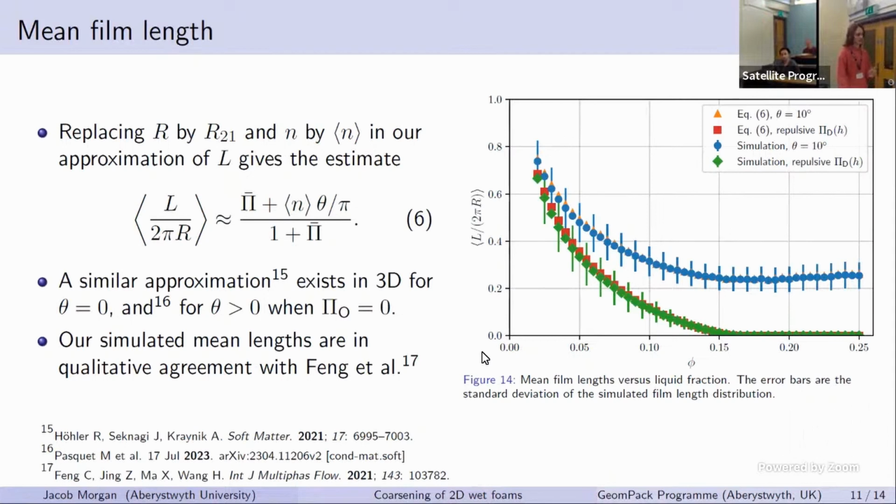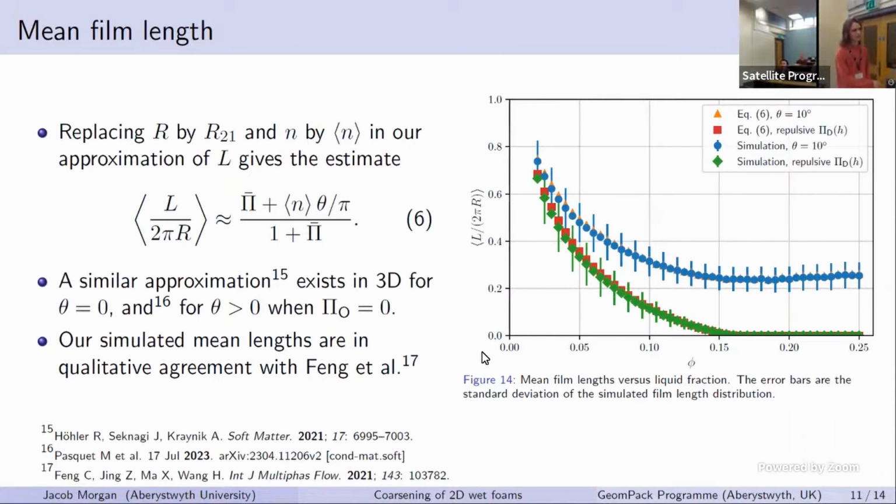I don't have a strong or rigorous argument for the means of estimation, but as an estimate, one can replace the radius by an average that turns up very frequently in these problems, R21, and replace n by its average in the whole foam, and then we get equation 6, which is of the same form in 2D as the existing results in 3D of Fuller, Signagi, and Kranik.